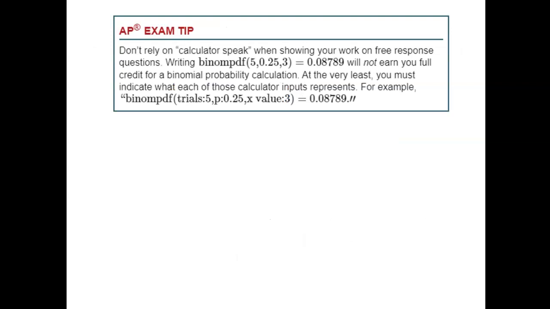So here's your warning about using your calculator on the AP exam. They will not accept calculator speak. If you just write down what you cranked in the calculator, even with an interpretation, they're not going to give you full credit. So you have to say this. That's why those nicer, newer calculators are really worth it: trials were 5, the p-value is 0.25, and then the x value is 3.